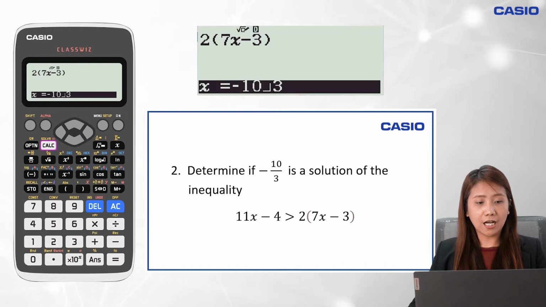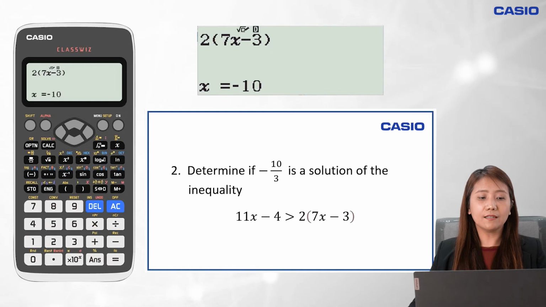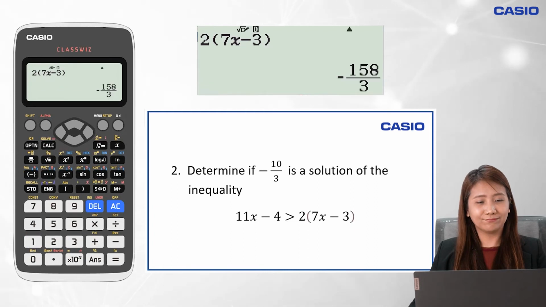Let's press Calc and key in the value of x, negative 10 over 3. Negative 10, fraction key, over 3. We press equal sign twice, and that will give us negative 158 over 3.